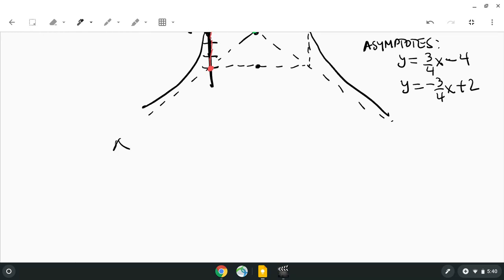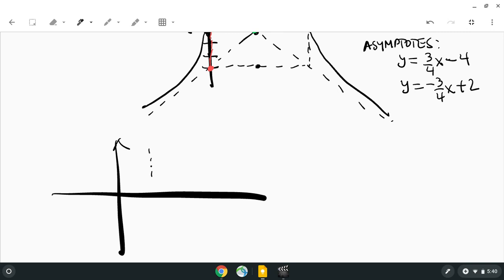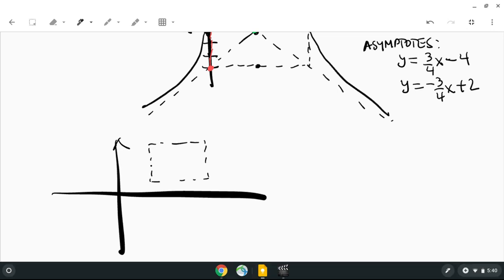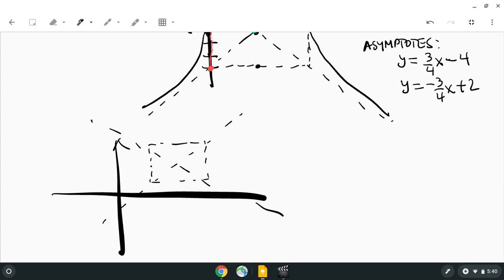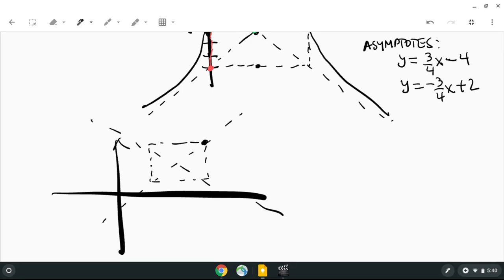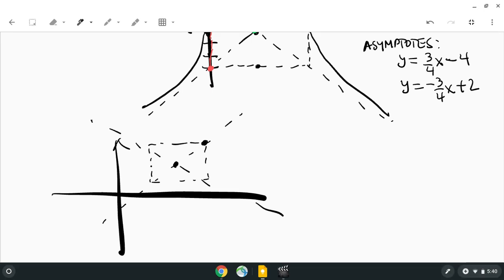If you end up shifting it so much that your rectangle is not on the y-axis, and you have to find the equation of these lines, you'll know this point and you'll know this point. And so you're going to have to find the equation of the line given these 2 points.